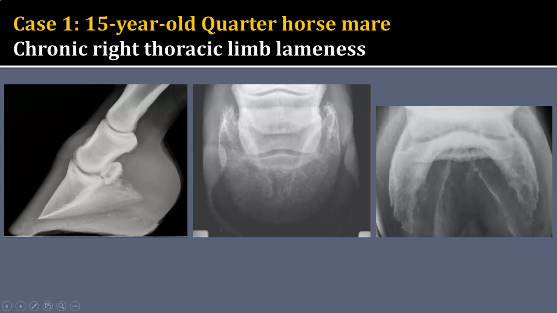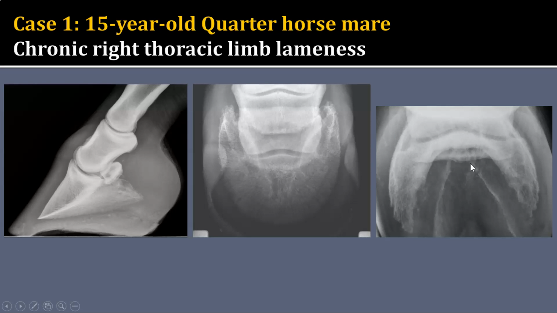And I have 3 views here for you: the lateral, the 65-degree DPO, and the flexor tangential view of the navicular bone. Probably the 2 images on the right show us the primary findings. When I look at this navicular bone, I see these large cystic kind of lucencies and enlargements and abnormal shapes of the synovial invaginations.